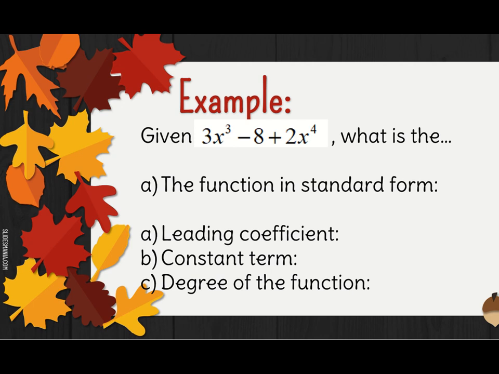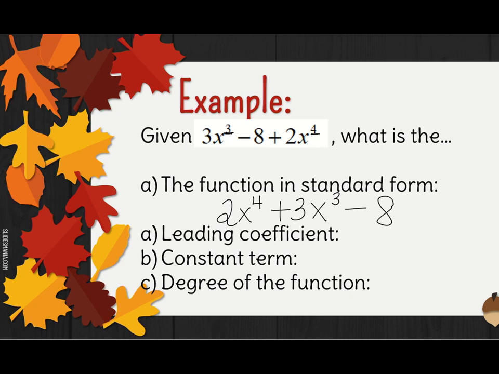So we have an exponent of 4, 3, and 0. We don't have an exponent there. We're always going to end with the constant because it doesn't have an exponent. So standard form would be 2x to the 4th plus 3x cubed minus 8. That would be in standard form because it goes 4, 3, 0.